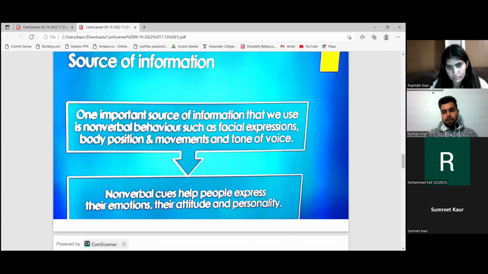For example, when we meet someone for the first time, we observe their physical movements, such as how they talk, behave, or express their expressions or feelings. Nonverbal behavior helps people express their emotions, their attitude, and personality. To be more specific, it is nonverbal behavior that helps to express internal feelings.